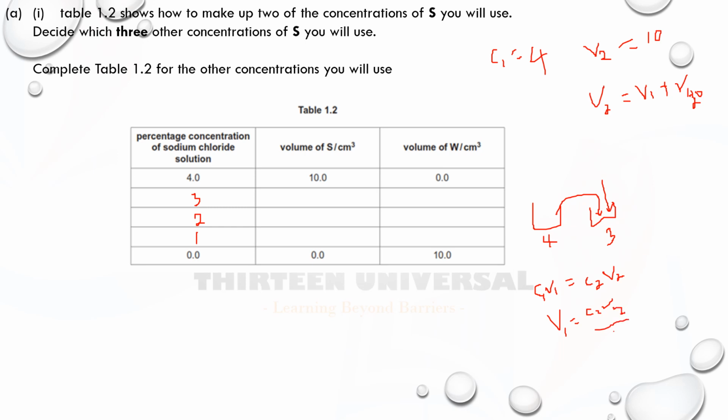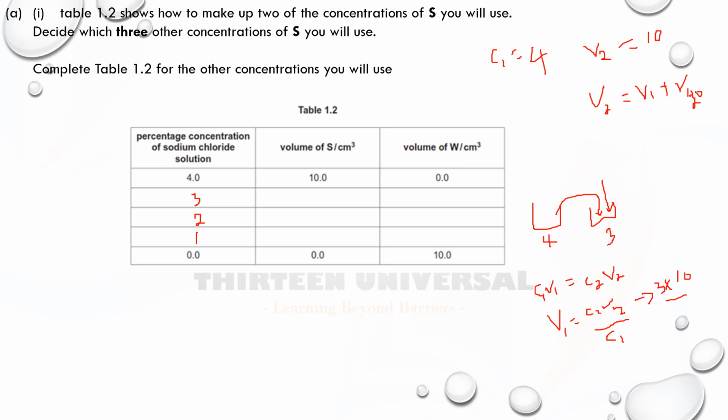all over C1. If I'm moving from 4 to 3, 4 is C1, 3 is C2, so that will be 3 times V2, which is 10, the final volume, all over 4.